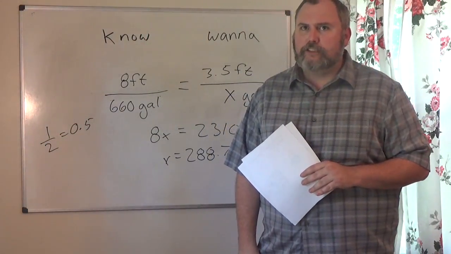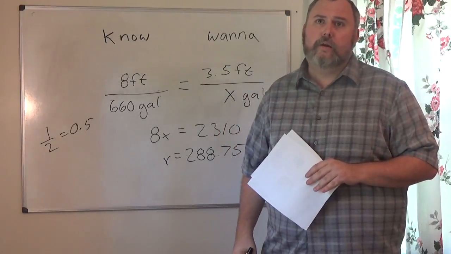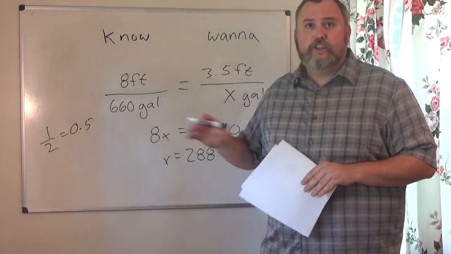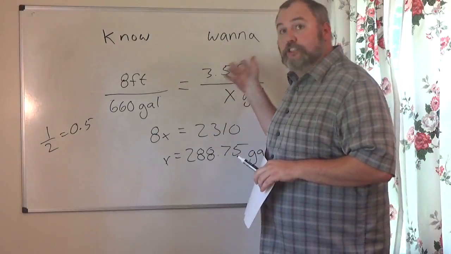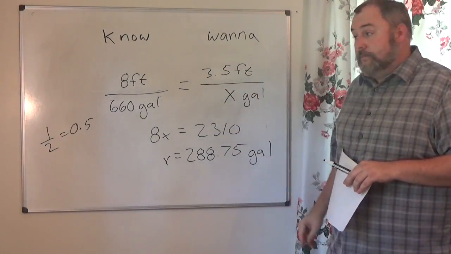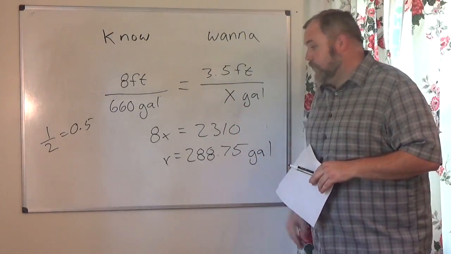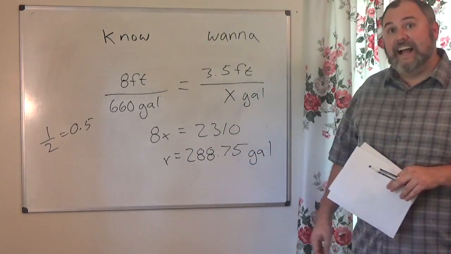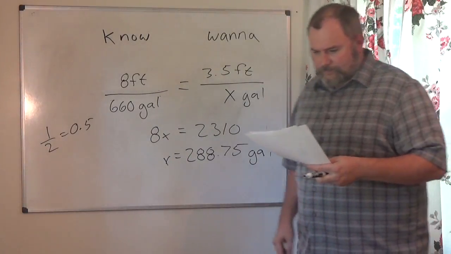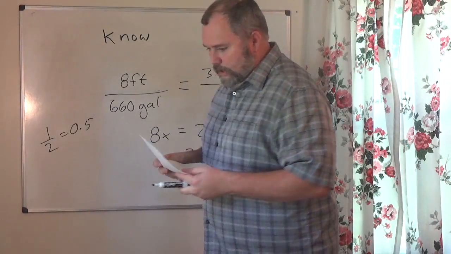This is one of those fractions, decimals, I expect you to know. If you don't know it by now, you need to memorize it. So we changed it to 3.5 feet. We cross multiply, divide. You should have got 288.75 gallons.